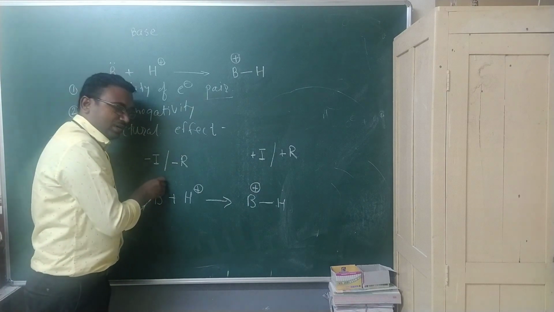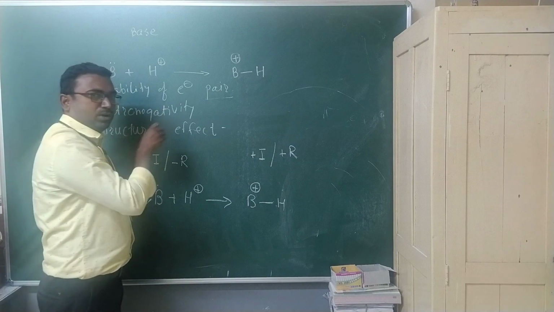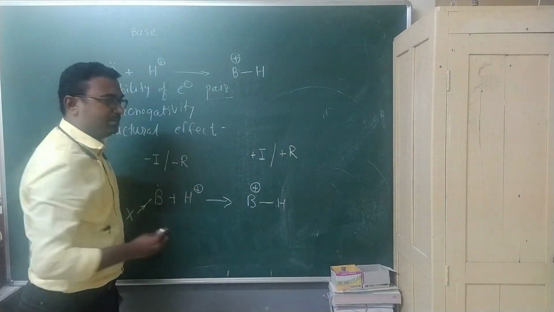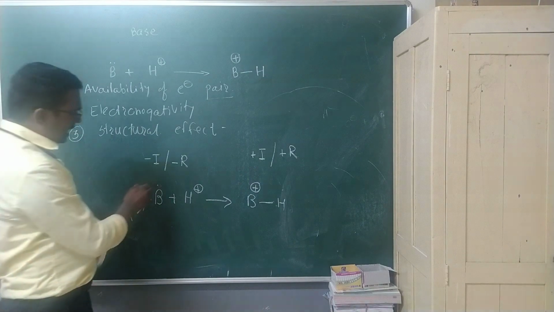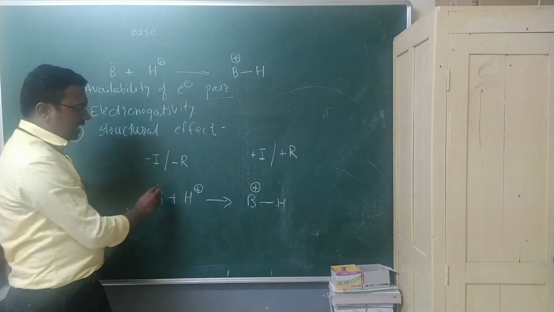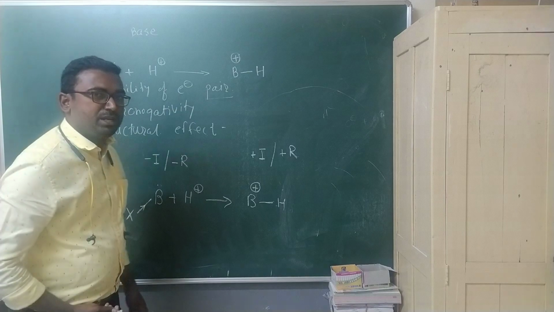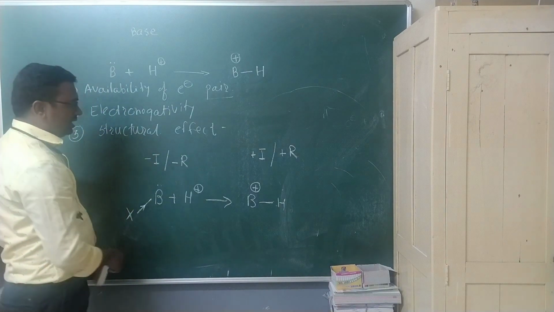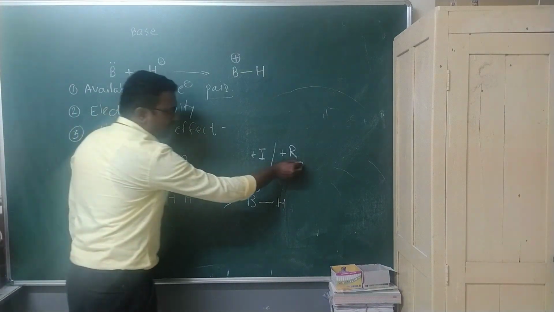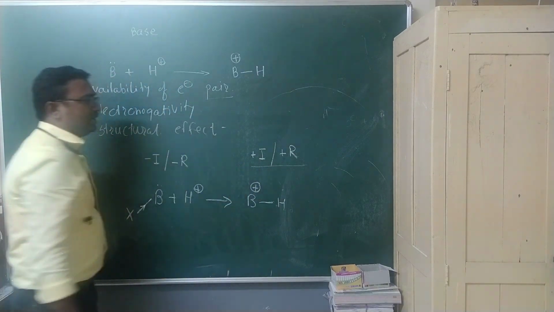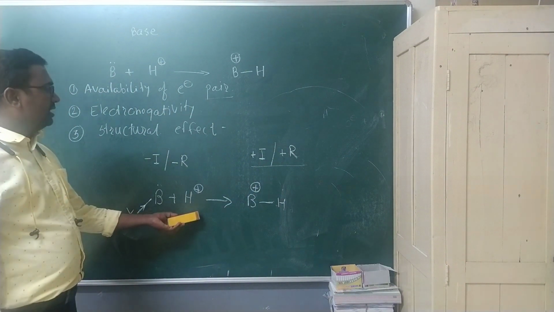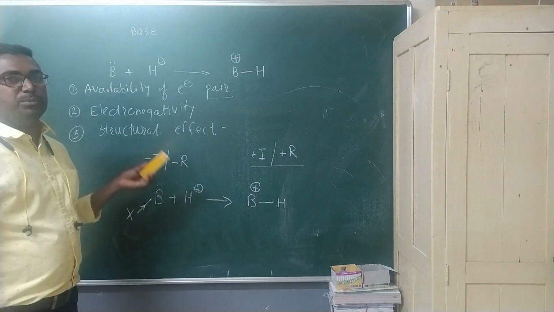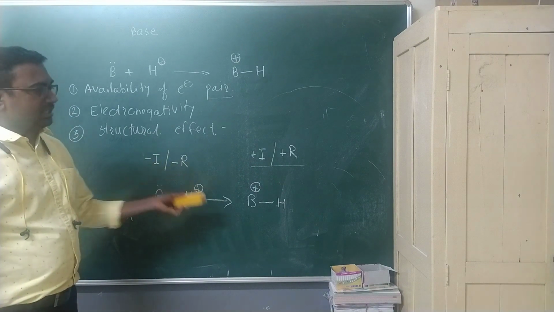This higher electron density will be available for donation to the H plus ion, so it will readily attack the H plus ion and the basicity will be higher. So any substrate which shows an electron donating inductive effect or electron donating resonance effect will increase the basicity of the base.